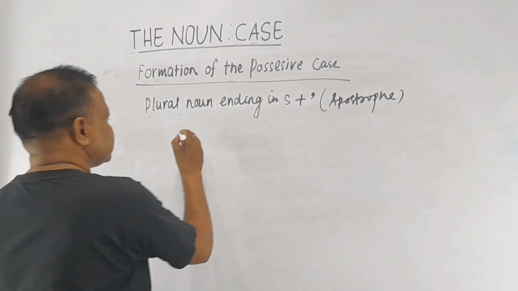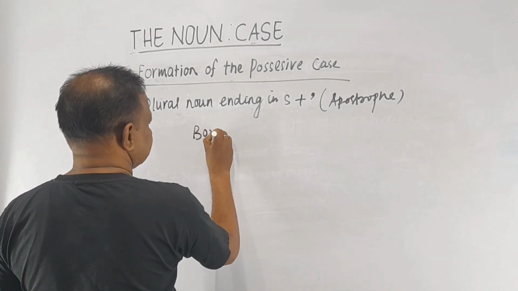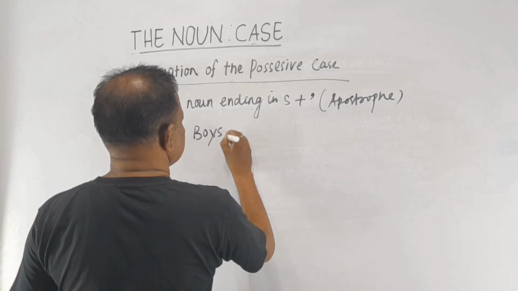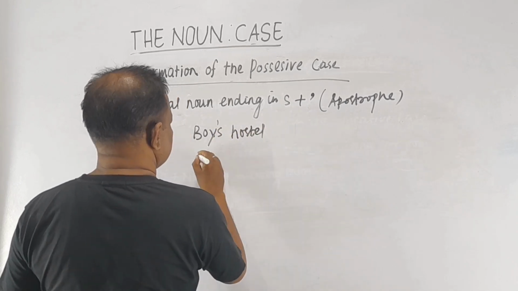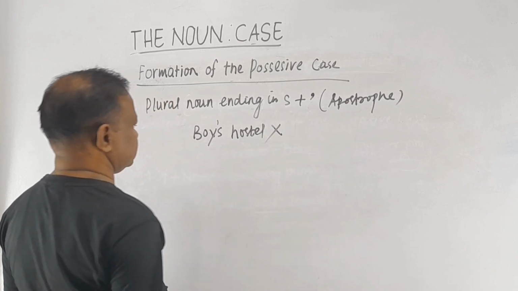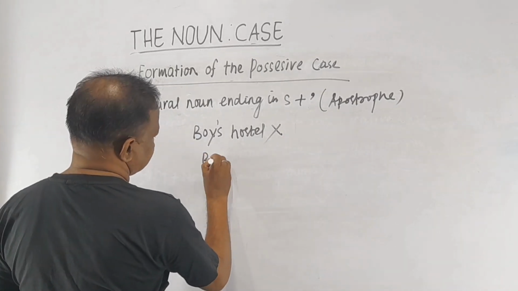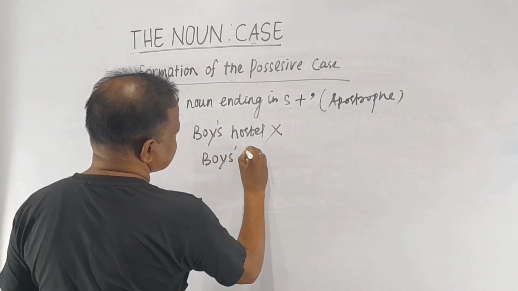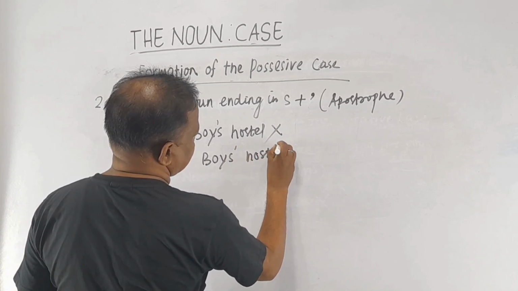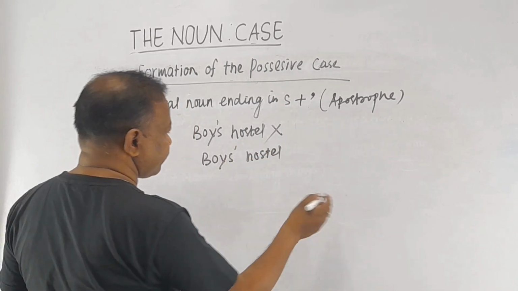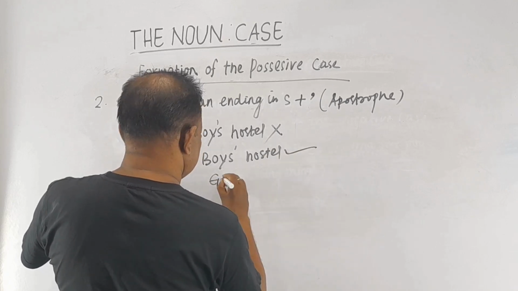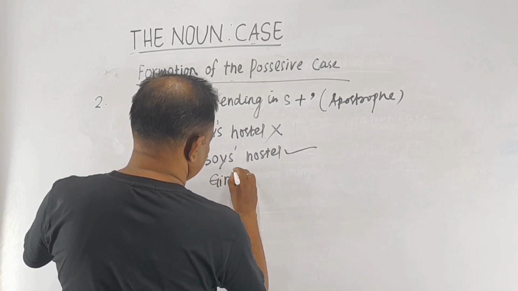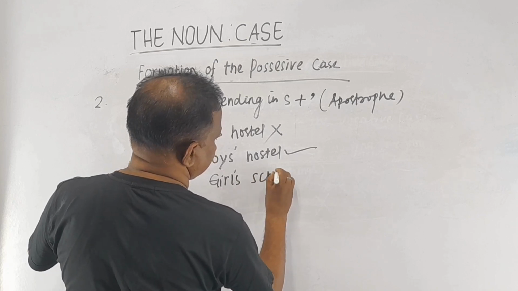For example, if you need to write boys's hostel, this is wrong. You need to write boys' hostel. Okay. For example, write girls's school.